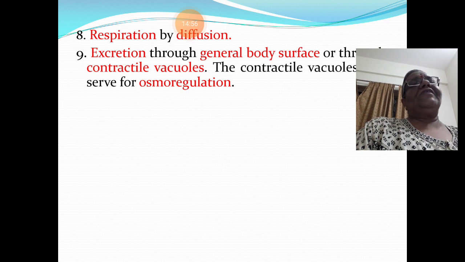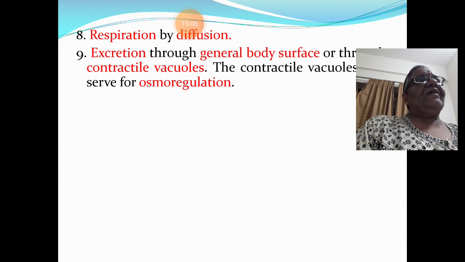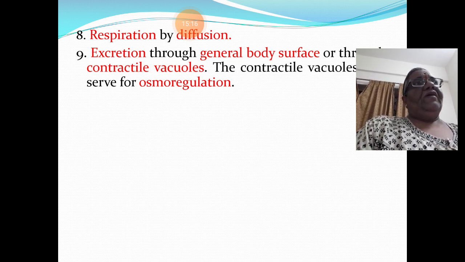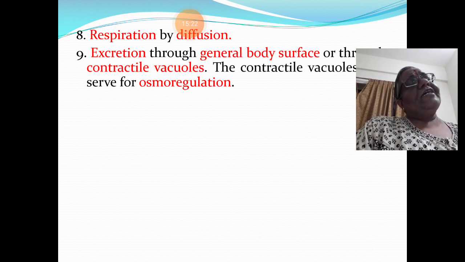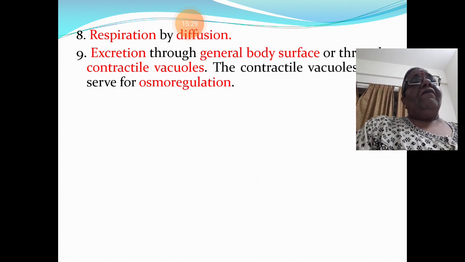These contractile vacuoles are special structures basically meant for osmoregulation. What is osmoregulation? Maintenance of equilibrium, ionic equilibrium in the body fluids is known as osmoregulation, and that is taken care of by contractile vacuoles. See, especially in freshwater protozoans, the water from outside gets into the cell, so there is accumulation of excess water inside the cell.